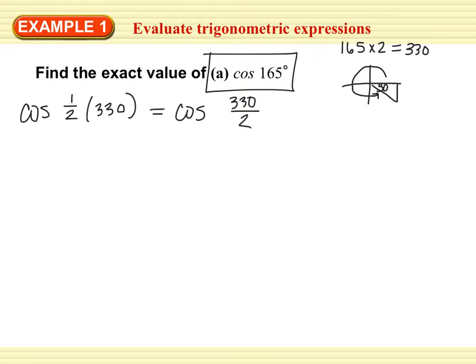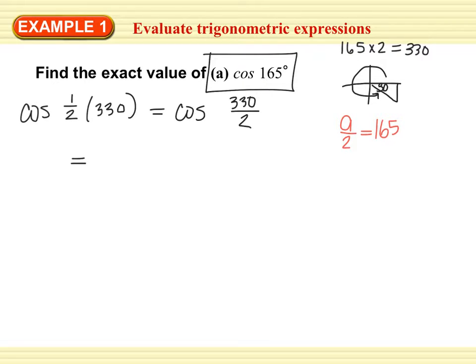So I'm going to go back and use that half angle formula. First I do need to figure out what quadrant I'm in. If you remember from the page that had the equations on it, we figure out the quadrant by looking at A over 2, which in our case is 165.